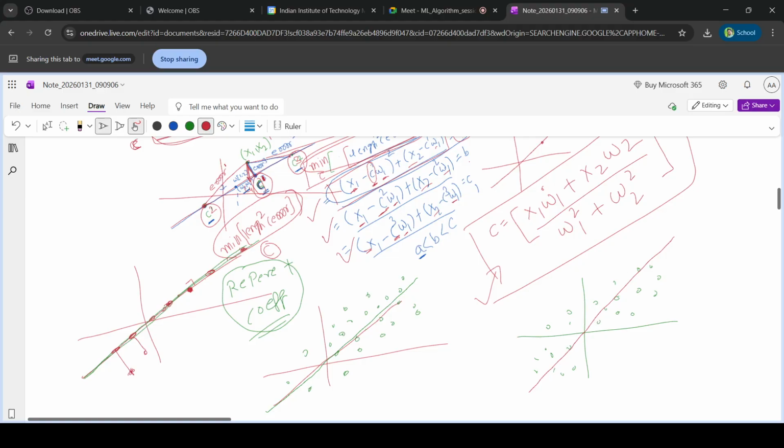So how are you happy? Because every time you are just putting one proxy line here, you are putting the projection of the points onto the line. This is real-world practice, not like what we understood theoretically, taking all the points on the line and just a single point. That is okay for understanding the concept.